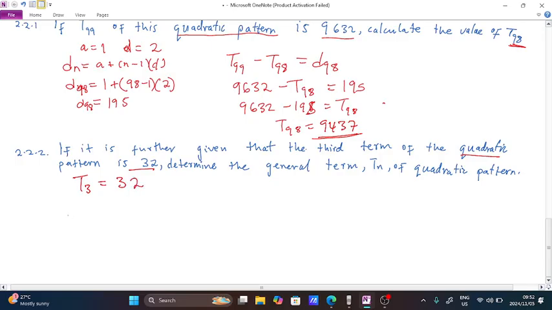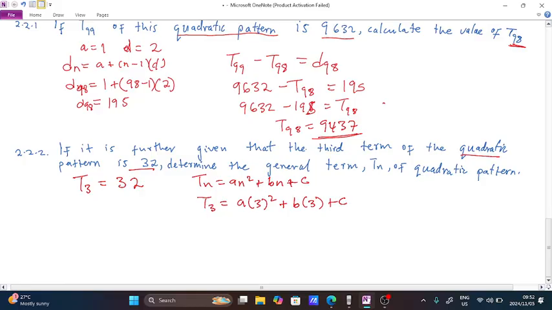What does it mean? I know that for a quadratic I have Tn equals an squared plus bn plus c. Is that correct? So if I want term number 3, I will say term number 3 equals a into 3 squared, because n now is 3, plus b into 3 plus c.